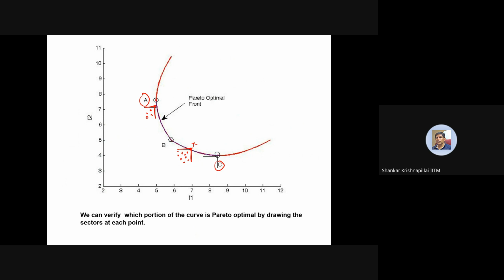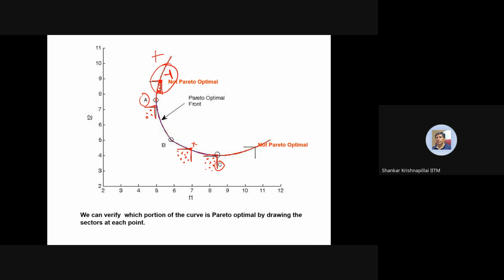Similarly, if you take the point C and draw a sector, you cannot find any other point with F1, F2 values lower than C. But if you take a point Y here and draw this sector, you can find all these points which have lower F1, F2 values than Y. So Y is not Pareto optimal.